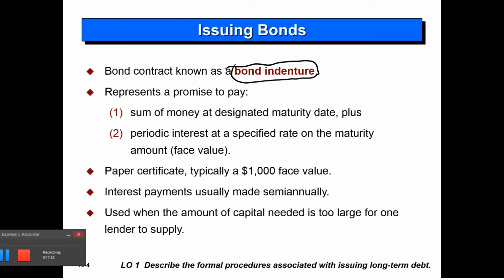And par value is very important because it is used to determine the interest payment. How much interest do you get in cash as a bondholder? That is computed based on face value and interest. What interest? We call it stated interest rate.